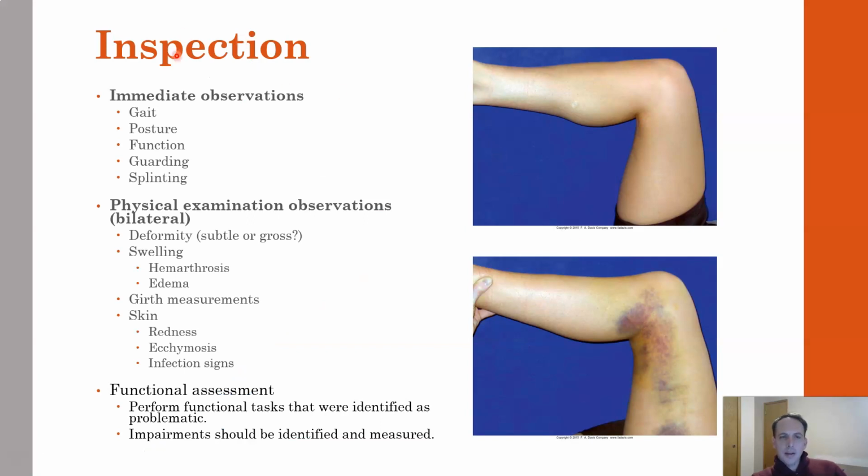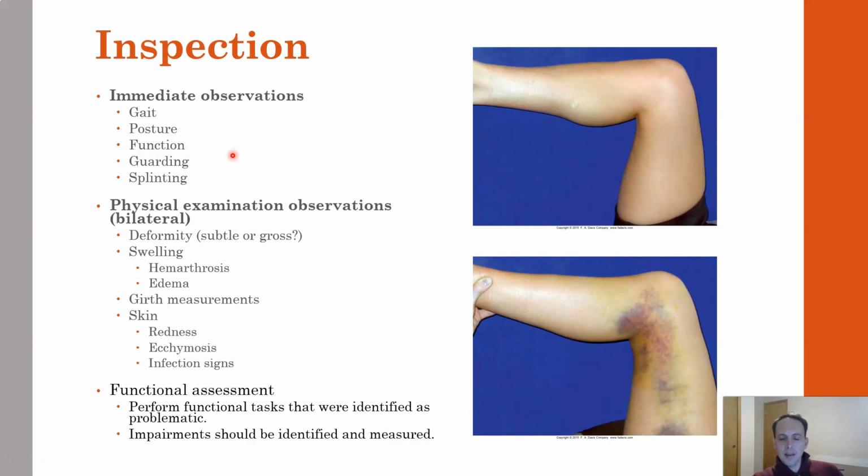So we'll start with inspection. Inspection is simply our observations of what is occurring. We immediately are going to observe any changes associated with the initial injury, whether that's changes in gait or posture. You might also be able to see some functional changes.